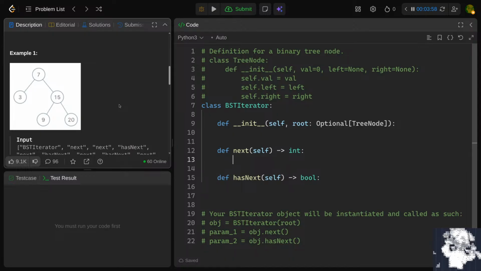And then we either go left or right or up, depending on what our state was. So I think our state needs to have a stack. self.stack equals this, and you can start with root. Every time we go down, we have to add to the stack. Every time we go up, we have to pop from the stack.